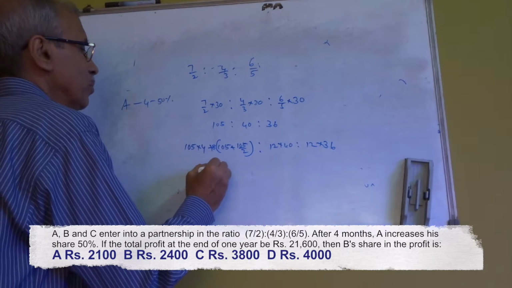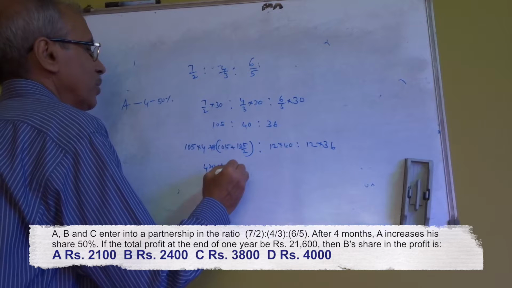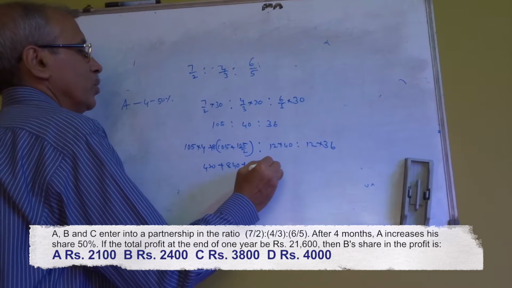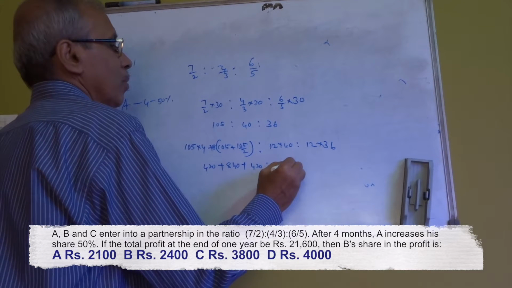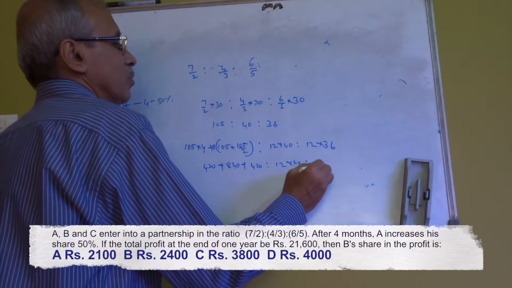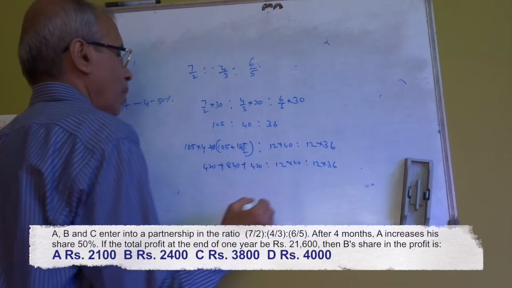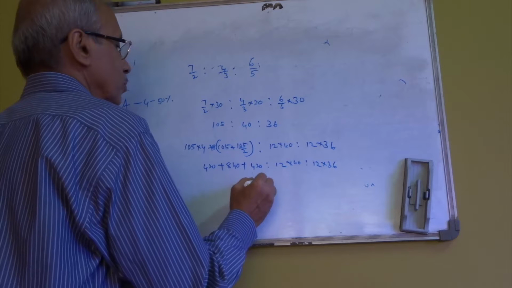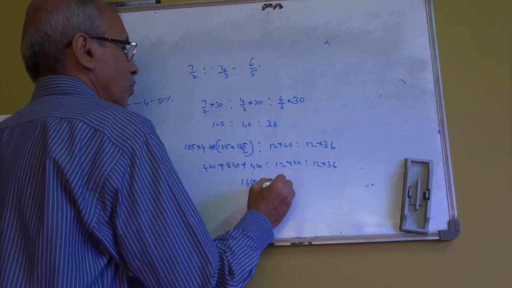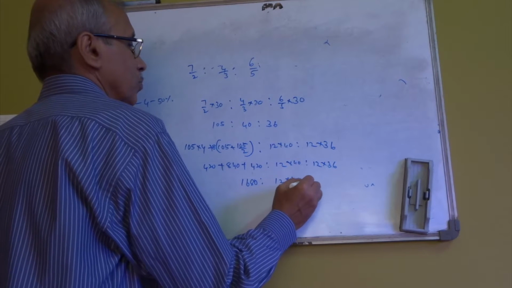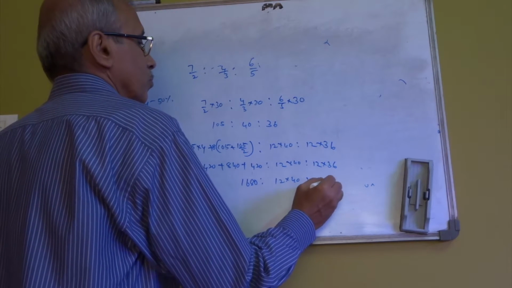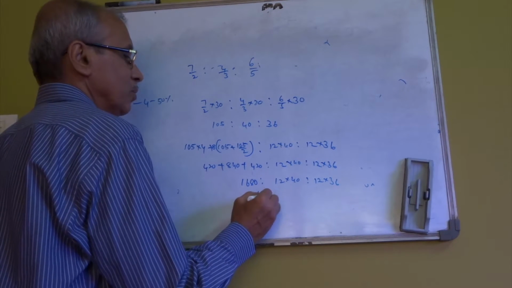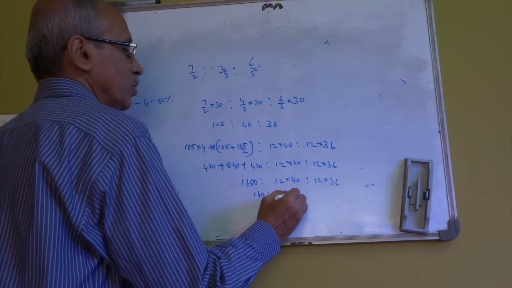420 plus 1,260 gives 1,680, is to 12 into 40 is to 12 into 36. I am not simplifying this yet. Now 12 is common here. So 140 is to 40 is to 36.